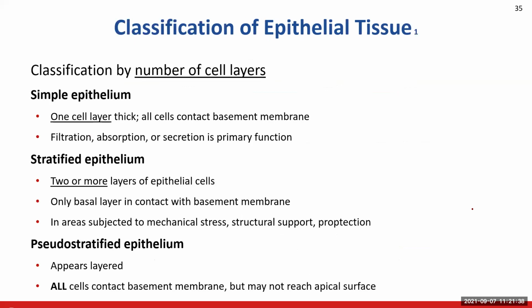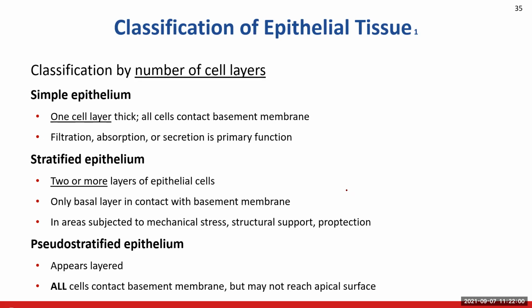So when we classify our epithelial tissue, we're going to classify it using two tools. The first classification tool that we're going to use is going to be the number of cell layers. I try to make this as easy and as basic as possible.